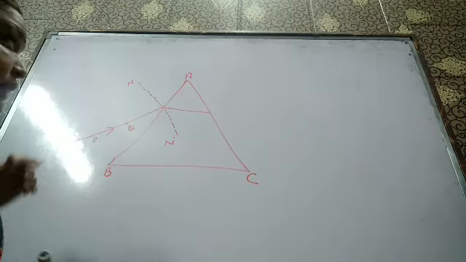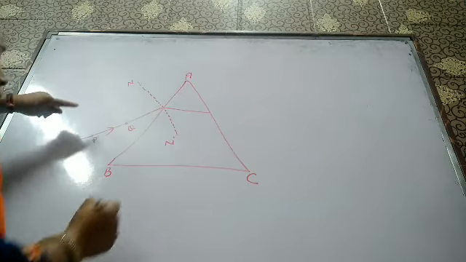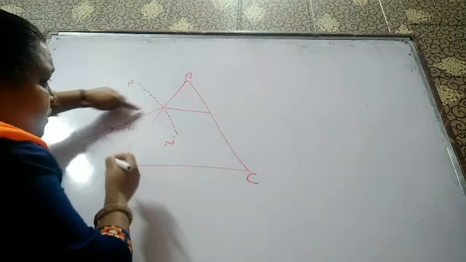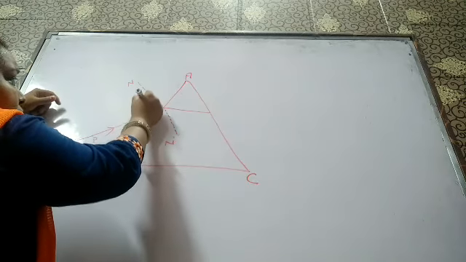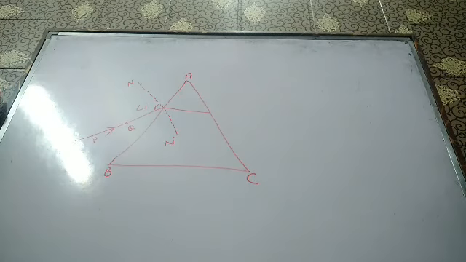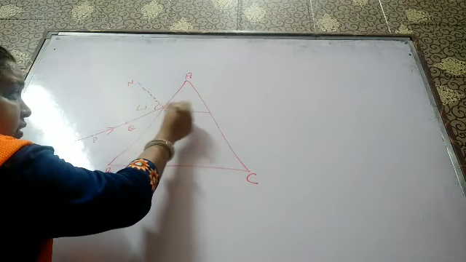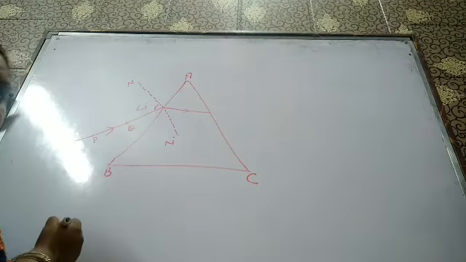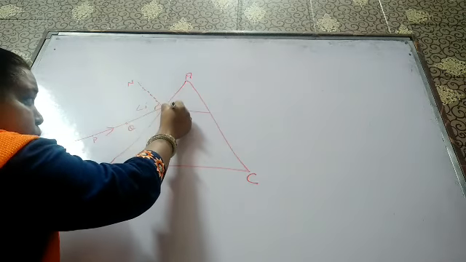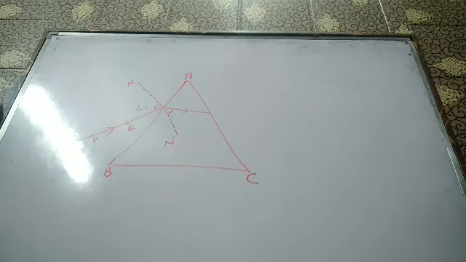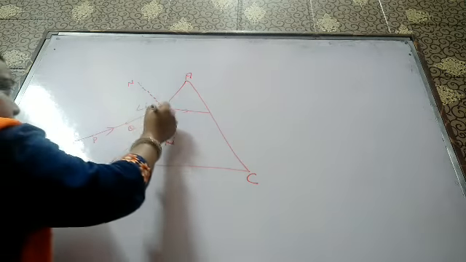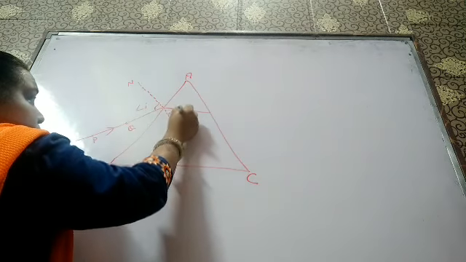The angle between this incident ray and the normal is called angle I, the angle of incidence. And this ray is called the refracted ray. The angle formed between the normal and this refracted ray is called angle R. I can write here angle R.